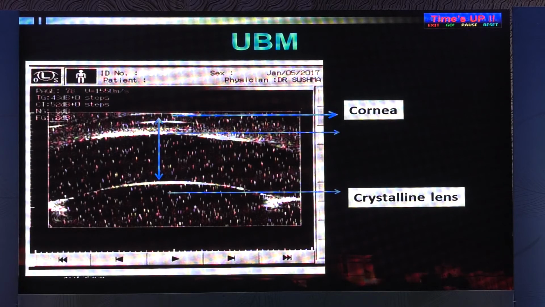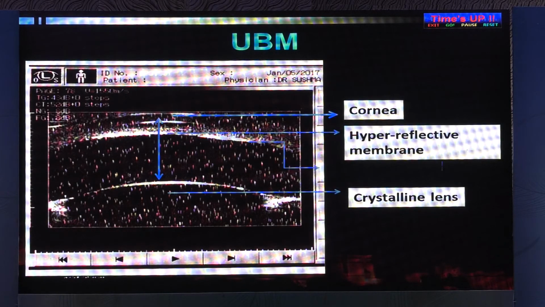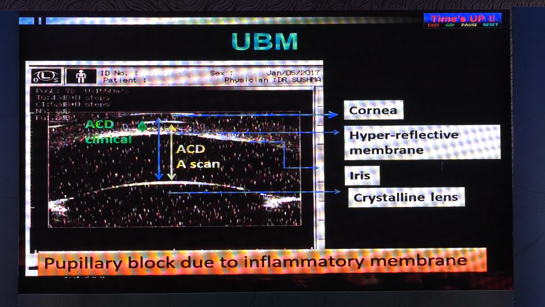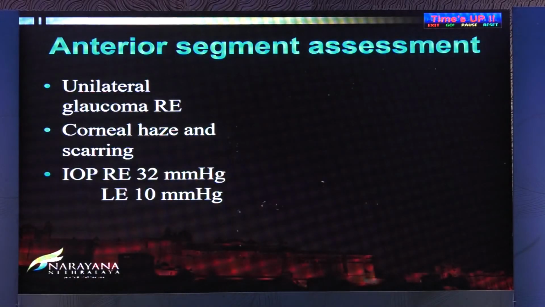And this was a pupillary membrane in the center along with the iris, which was causing the anterior chamber to be shallow. So UBM could tell us that this is not angle closure due to a lens push or something behind, but a pupillary membrane causing secondary angle closure, which could then be taken care of.